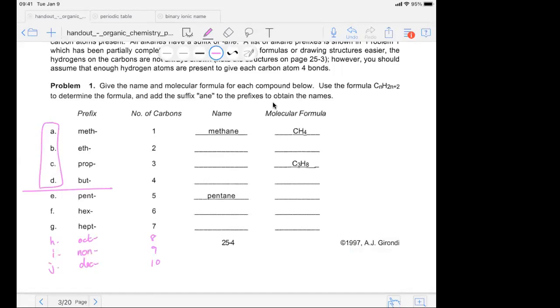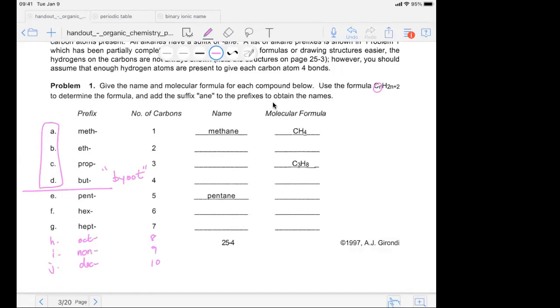So for 1 carbon, we use the prefix meth. 2 is eth, 3 is prop, and 4 is but. I know it looks like but it's pronounced bute. Okay, so these prefixes are used to represent the number of carbons in the formula, basically what represents n.